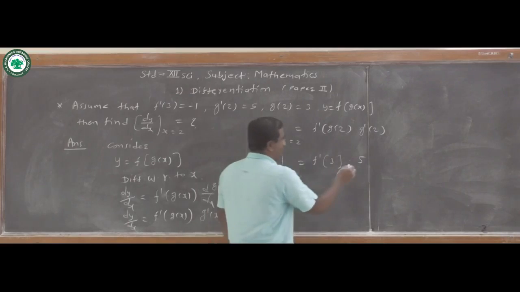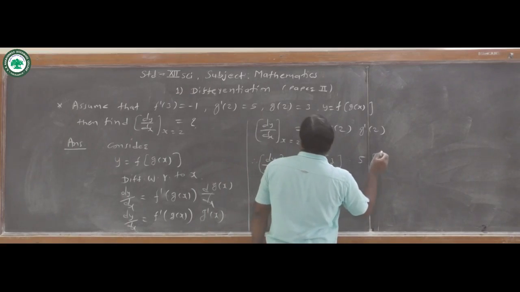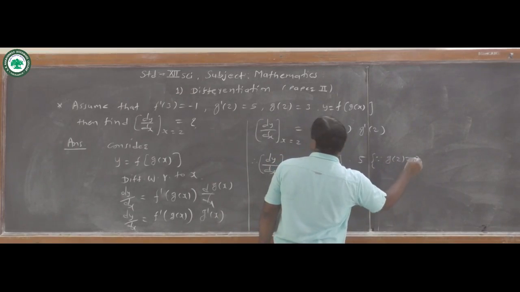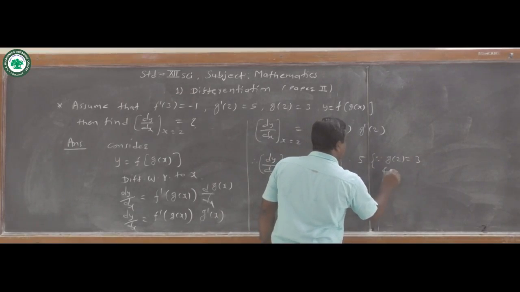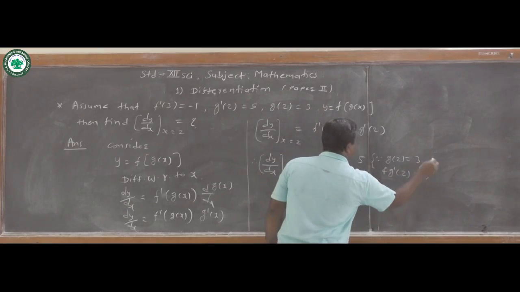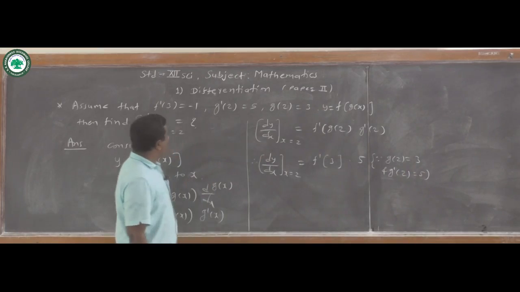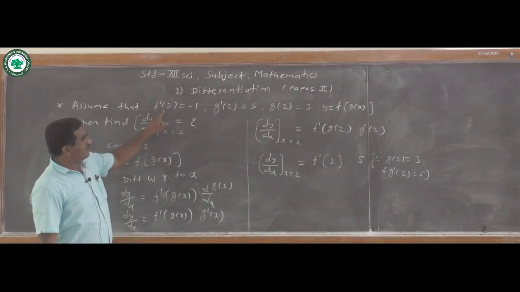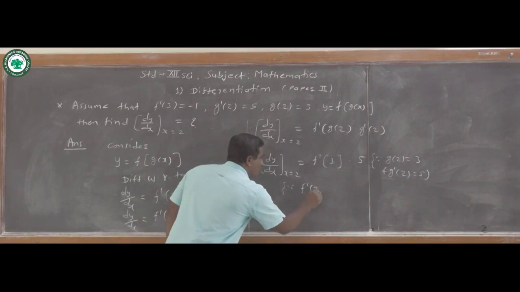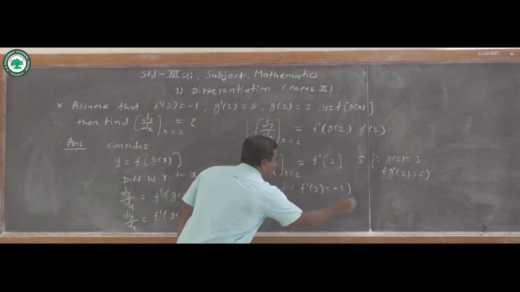Write down in bracket reason, since g of 2 is equal to 3 and g dash of 2 is equal to 5. Okay. Now also we have the given value of f dash of 3. Value of f dash of 3 is minus 1. Write down here, since f dash of 3 is equal to minus 1.